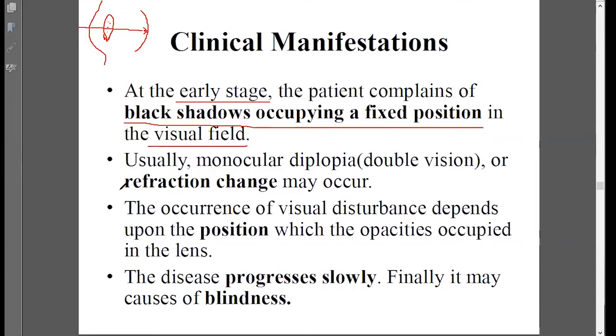Gradually, the patient may have other symptoms like double vision, because of the reflection of the light. If something is inside, the light reflects in different directions, and they see things double. For example, with one person standing close in front, the patient sees two people there.